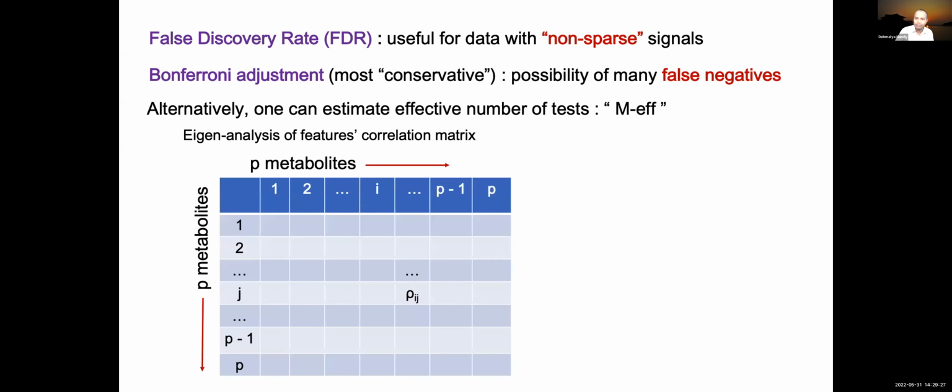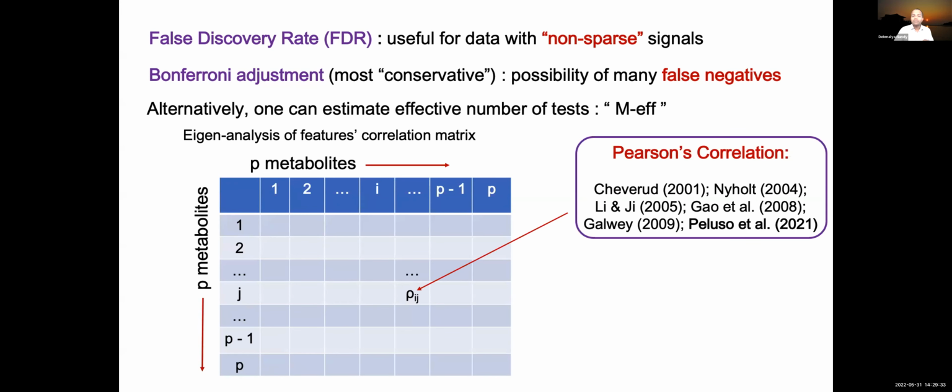For example, in our metabolomics data, it will be a p by p correlation matrix with p metabolite abundances. And in the GWAS context, researchers have used the Pearson correlation among, for example, the SNP values. This last method highlighted here is a metabolomics approach of this eigenanalysis-based method.